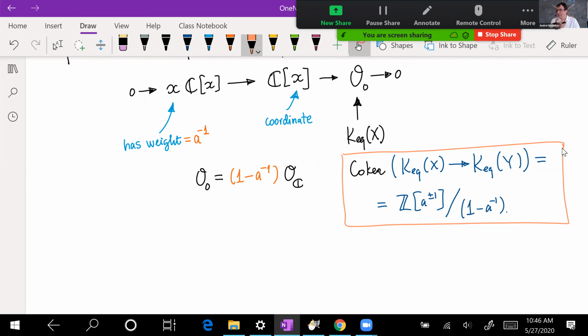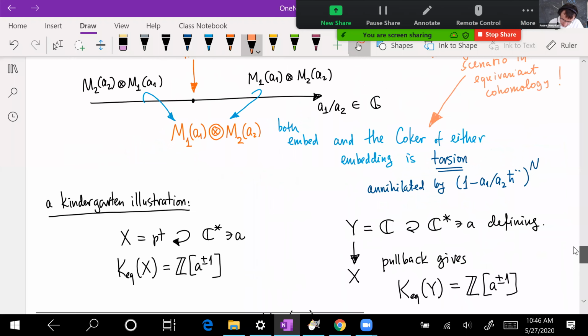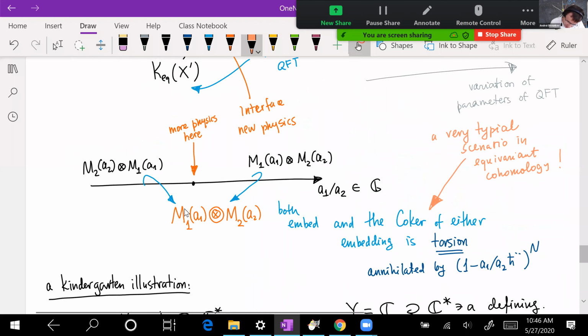So in other words, this is a super typical situation. If you think that this map involves something like a push forward, then typically it would have this feature, the cokernel being torsion.